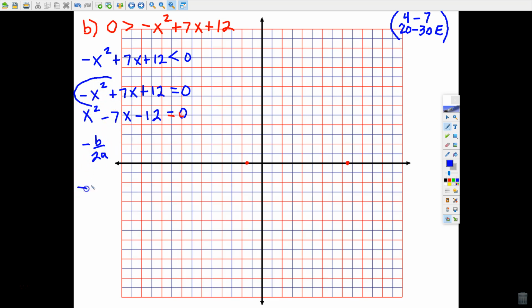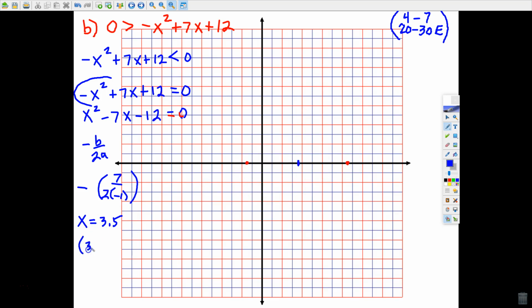The opposite of b, which in this one is 7, over 2 times a. So it's going to be the opposite of negative 3.5, which is positive 3.5. Alright, so 3.5 should be the AOS, which is right in between those two red dots.